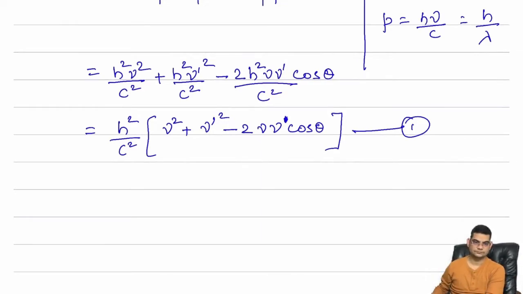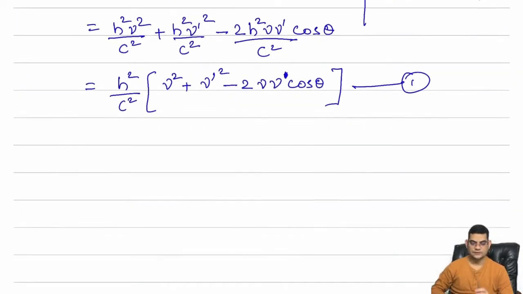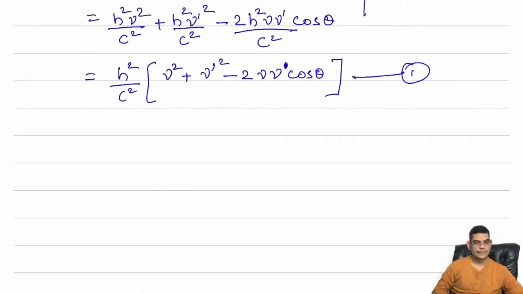Now, the second equation comes from the conservation of energy. But before using the conservation of energy equation, let's first find out the energy of the scattered electron.